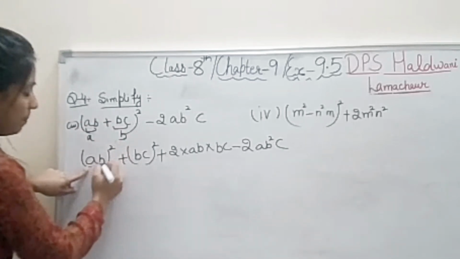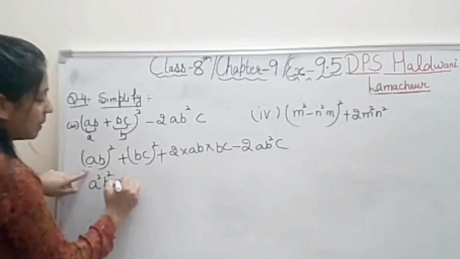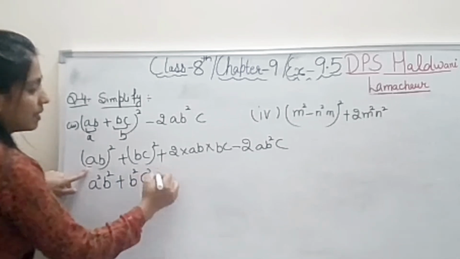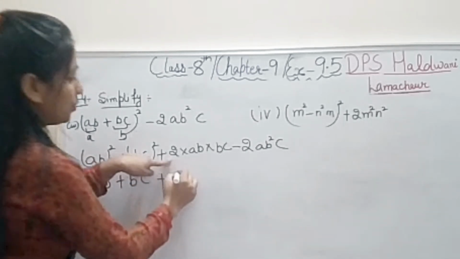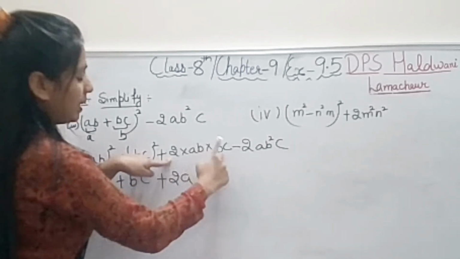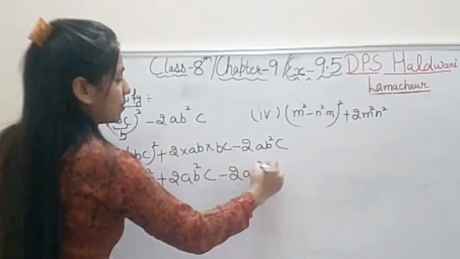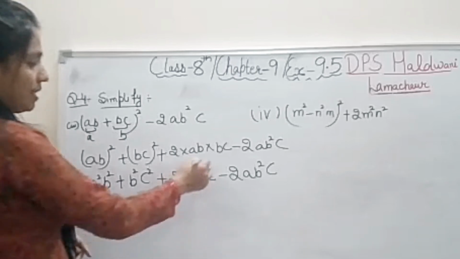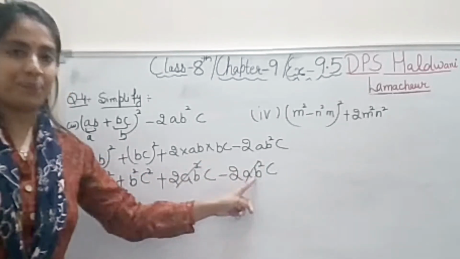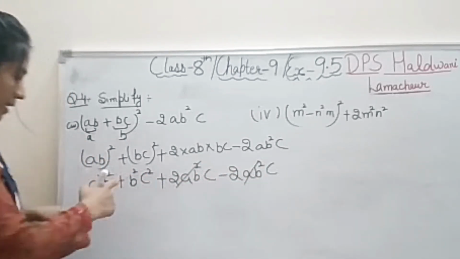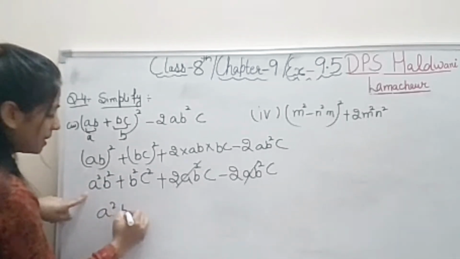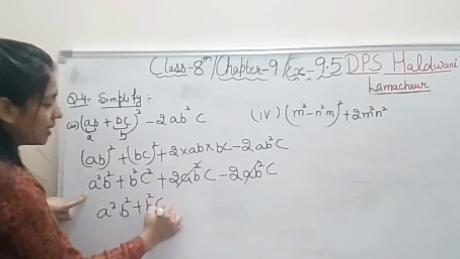Now solution: ab's whole square, a square b square plus b square c square plus 2ab into b square c minus 2ab square c. Simplification: it is plus, it is minus, same term, plus minus minus 0. So answer is a square b square plus b square c square.